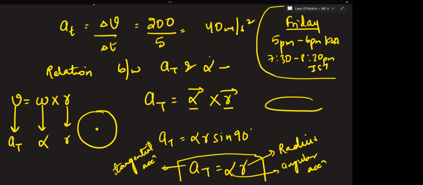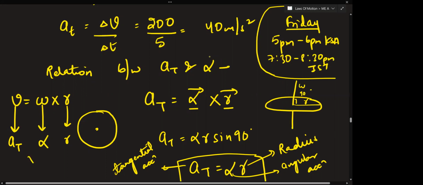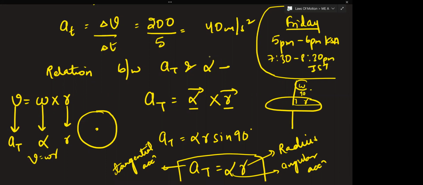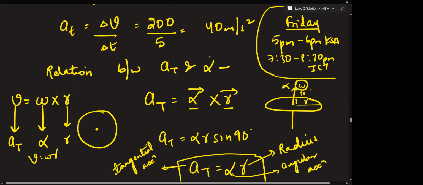Like this. This is the axis of rotation, and radius vector is like this. So both are making an angle of 90 degree. So this way, this v equal to omega R was 90. Now here, rate of change of angular velocity is giving you alpha. So direction is same. Alpha's direction is same as that of omega. So angle between alpha and R is also 90 degree. Because this is perpendicular to the plane of the circle, be it inwards or outwards, and radius vector is lying on the plane. That's all.